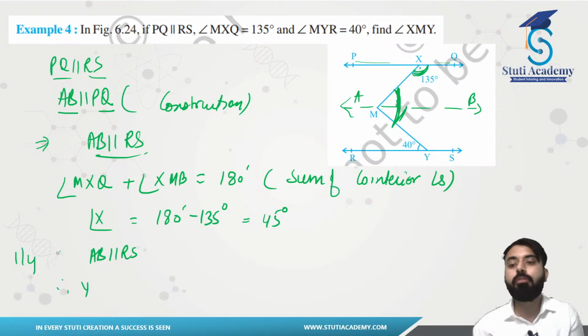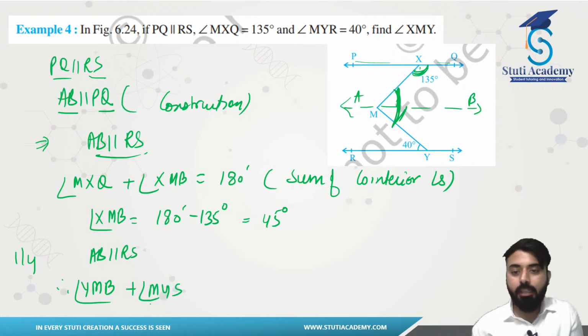We just move forward. So this will be XMB, and I know AB is parallel to RS. Similarly, YMB plus angle MYS. But here the difference is this one, or you can just do it with this one. Let me just complete with this method. Now guys, see, we have this angle, we don't have this one, so we can take the linear pair and find out this angle MYS, which will be 140 degrees.